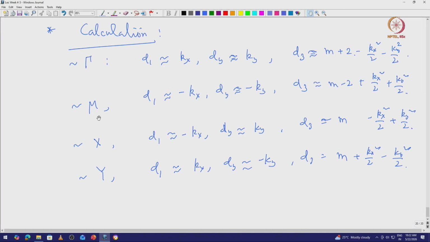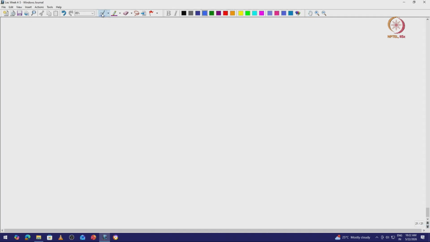So let's look at the curvatures for the minus band near the gamma point or the M point.